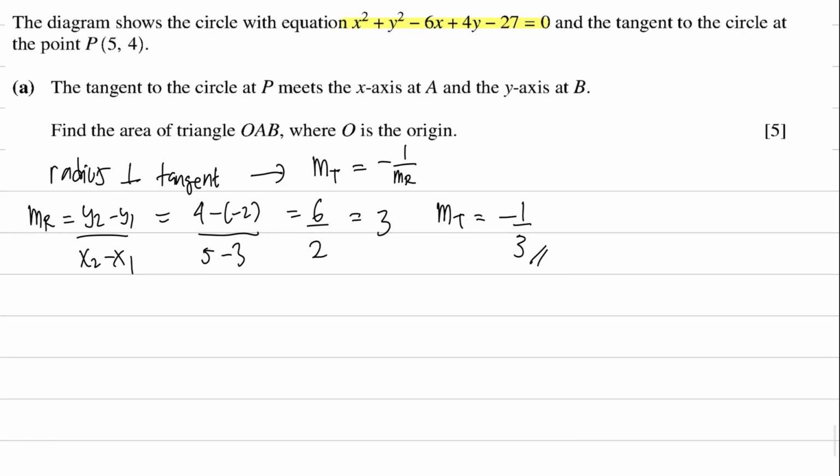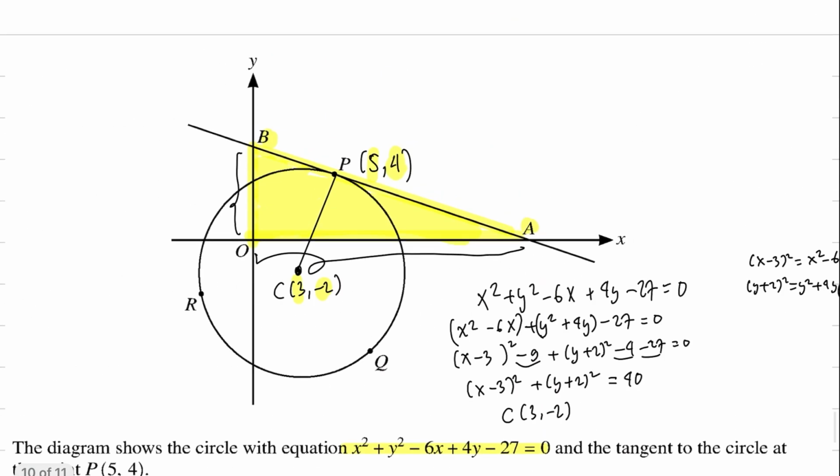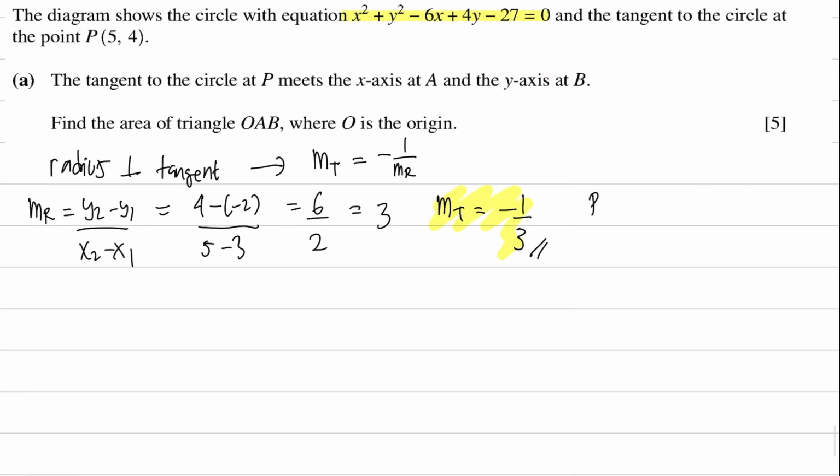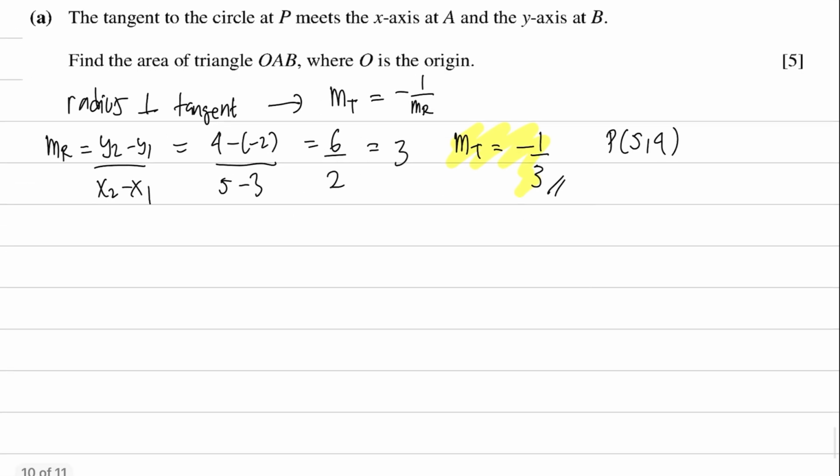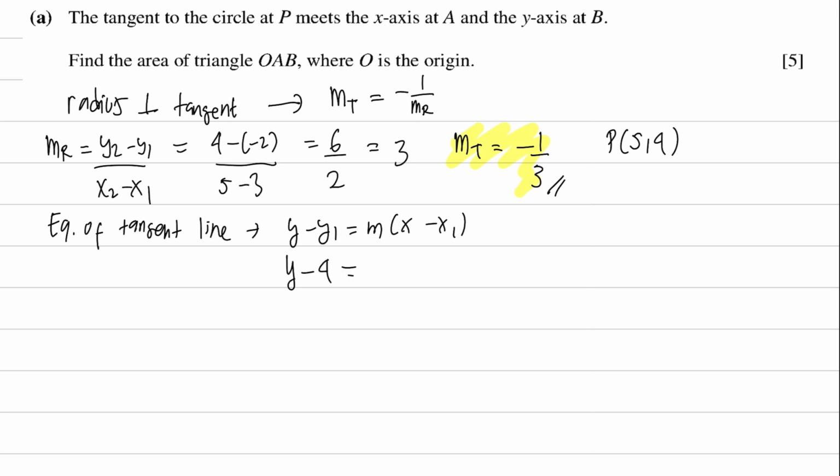So we have the gradient of the tangent, and we have the point on the tangent line, which is (5, 4). So the equation of the tangent line is y minus y1 equals m in the bracket x minus x1. So y minus 4 equals, the gradient is -1 over 3, x minus x1 is 5.